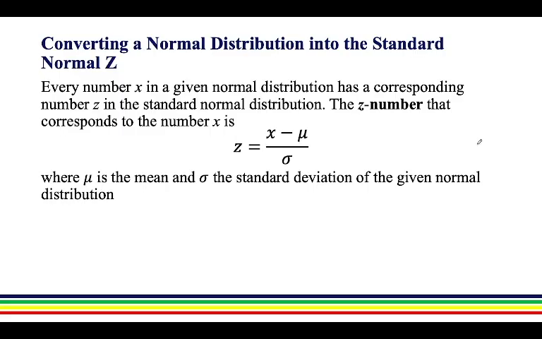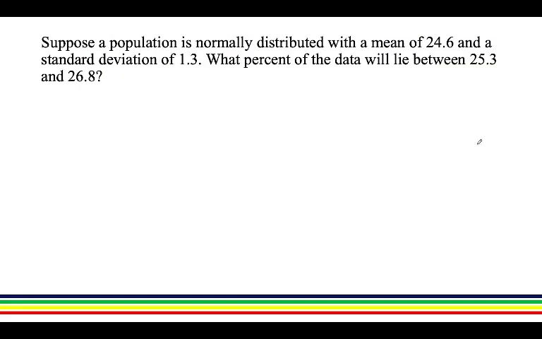We can do this by using the equation that z number is equivalent to the number x minus the mean divided by the standard deviation. Take this example. Suppose a population is normally distributed with a mean of 24.6 and a standard deviation of 1.3.